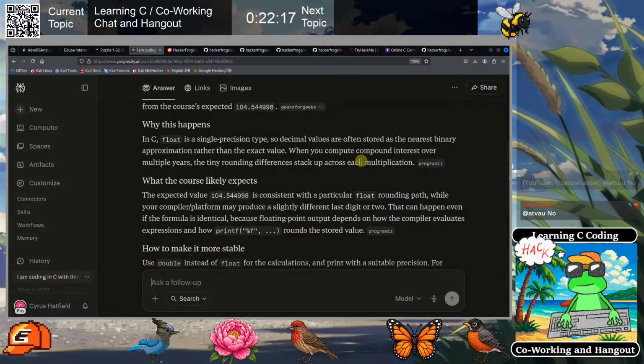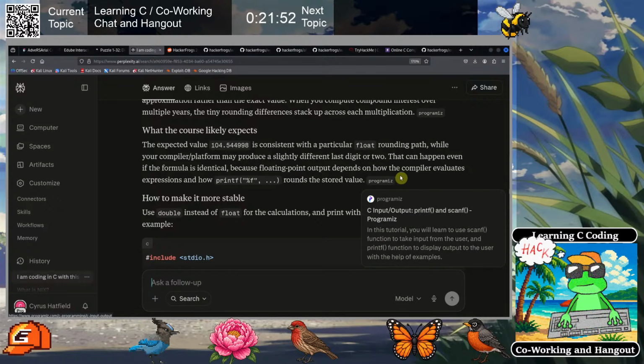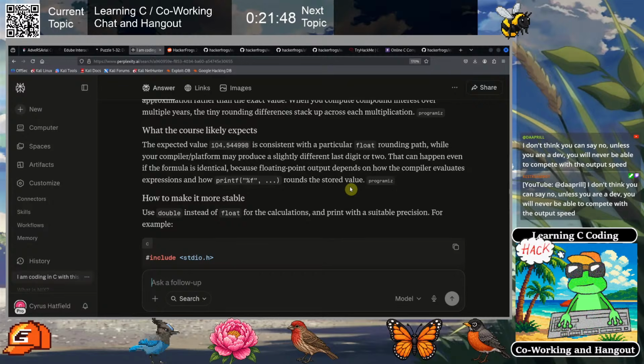When you compute compound interest over multiple years, the tiny rounding differences stack up across each multiplication. What the course likely expects, it's consistent with a particular float rounding path, while your compiler platform may produce a slightly different last digit or two. This can happen even if the formula is identical, because floating point output depends on how the compiler evaluates expressions and how printf rounds the stored value.